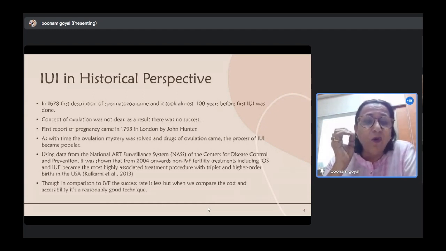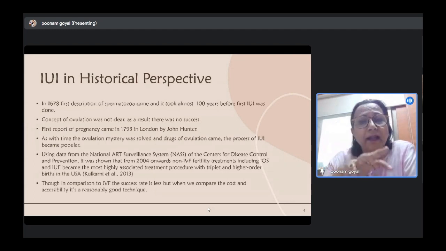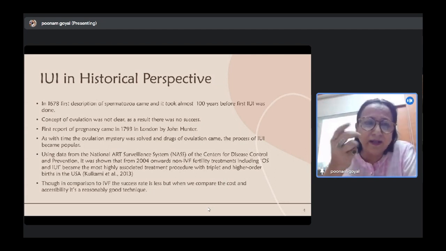With time, the ovulation mystery was solved and drugs for ovulation came, and the process of IUI became popular. Earlier people were thinking that ovulation was happening at the time of menstruation, so whatever they were trying to do, they were trying to do at that time. That was not correct, which is why there were no results.